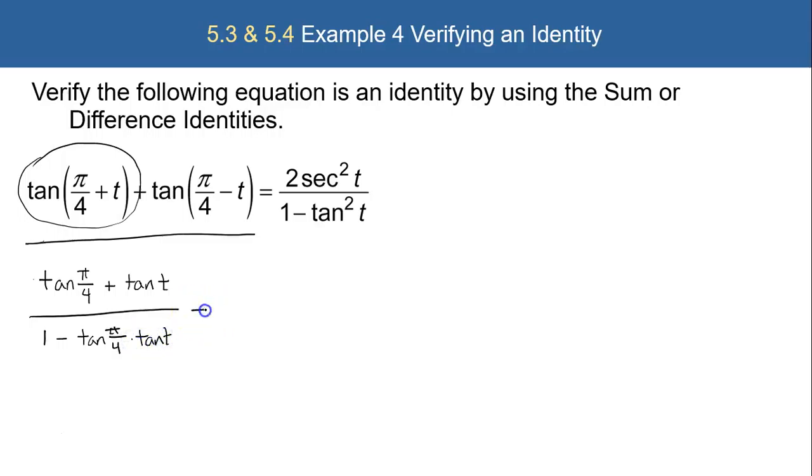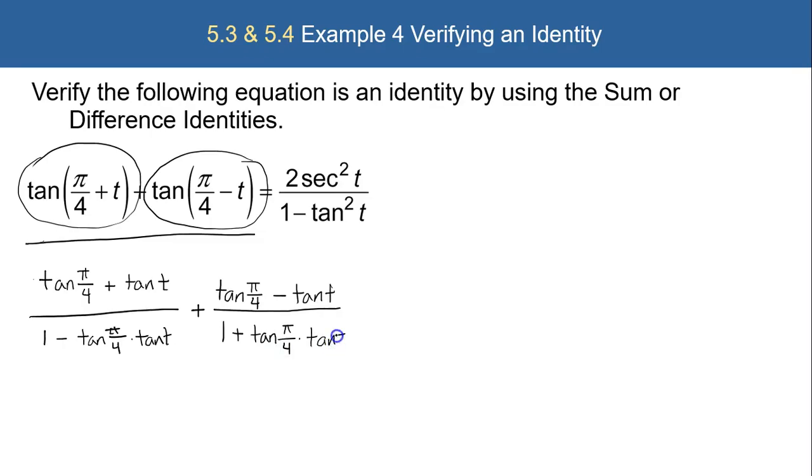And now let's use the difference identity on this portion. So plus tangent of pi over 4 minus tangent of t, then 1 plus tangent of pi over 4 times tangent of t. Now on this part, we reduce it in a way that tangent of pi over 4 is just 1.